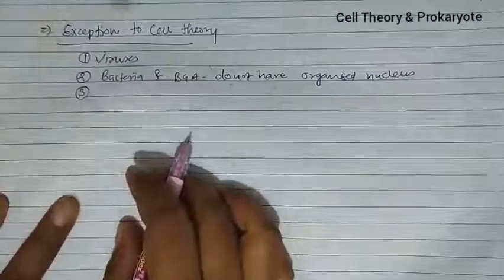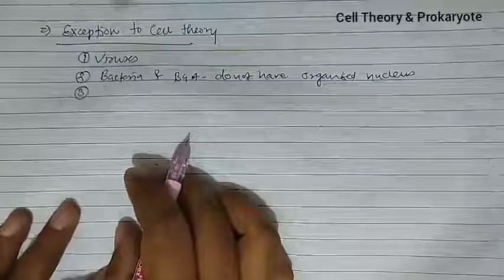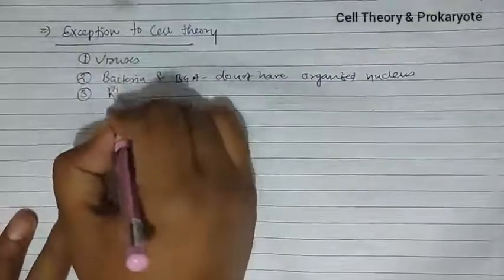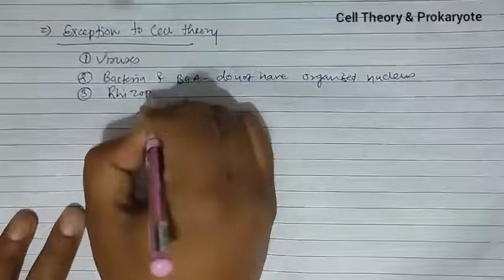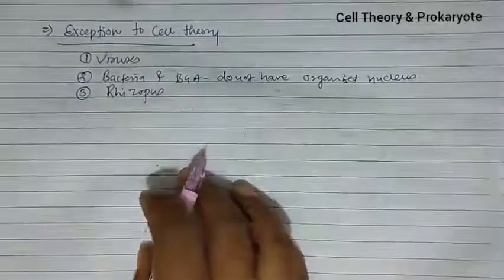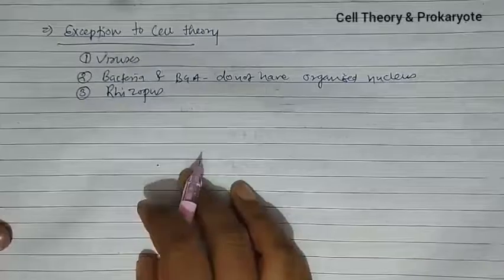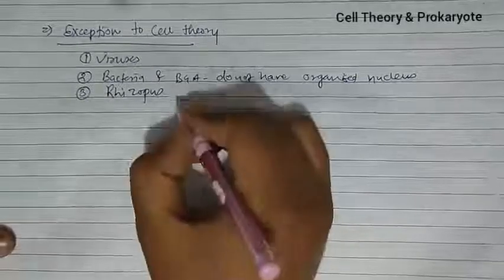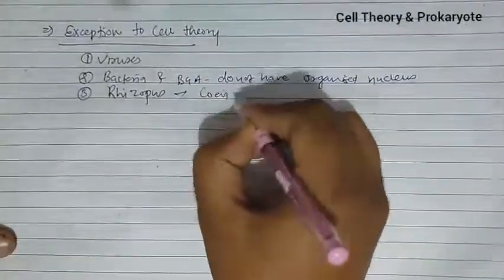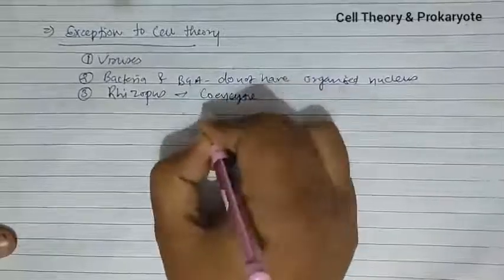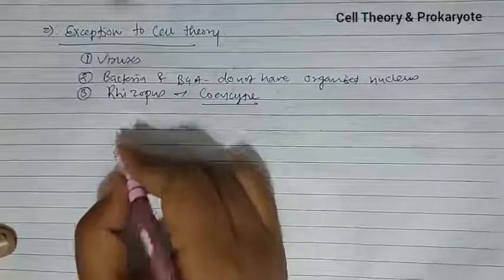Third point, certain fungi like Rhizopus have hyphae composed of a multinucleated mass of cytoplasm. So Rhizopus has a coenocyte.